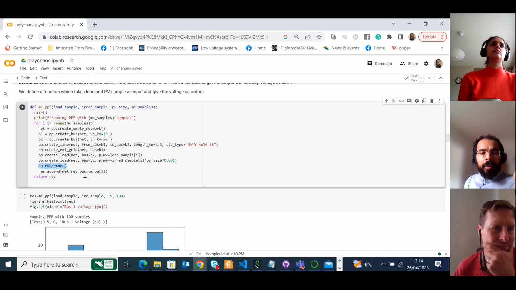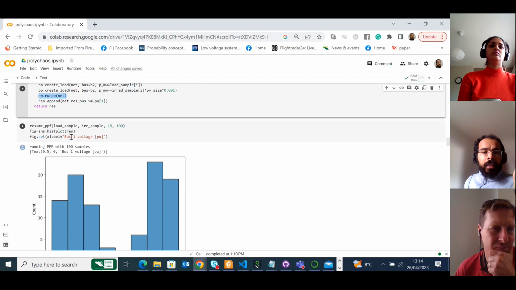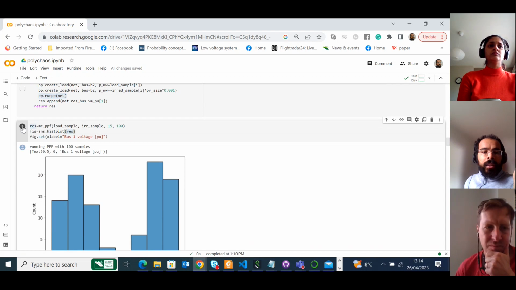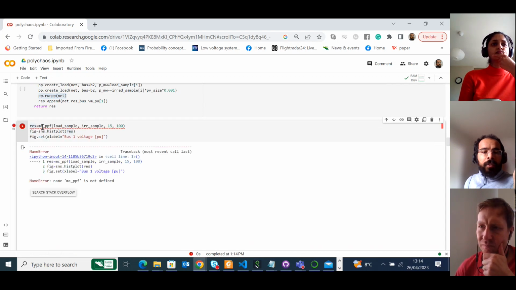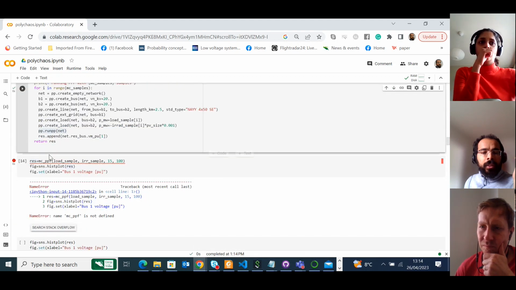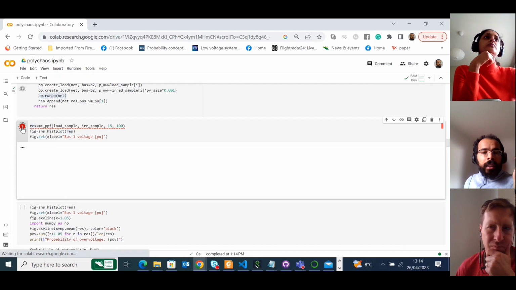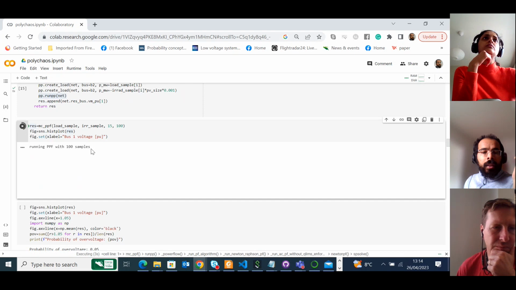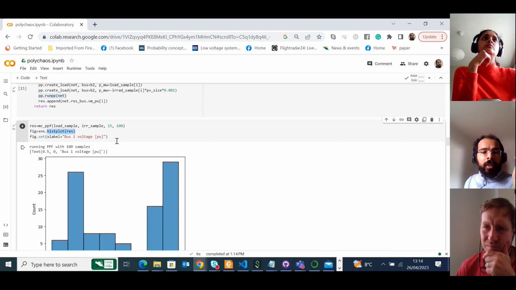So I made this function, and now I run this mcppf. Okay, this function I forgot to run, so I run this function first, so this function is there.